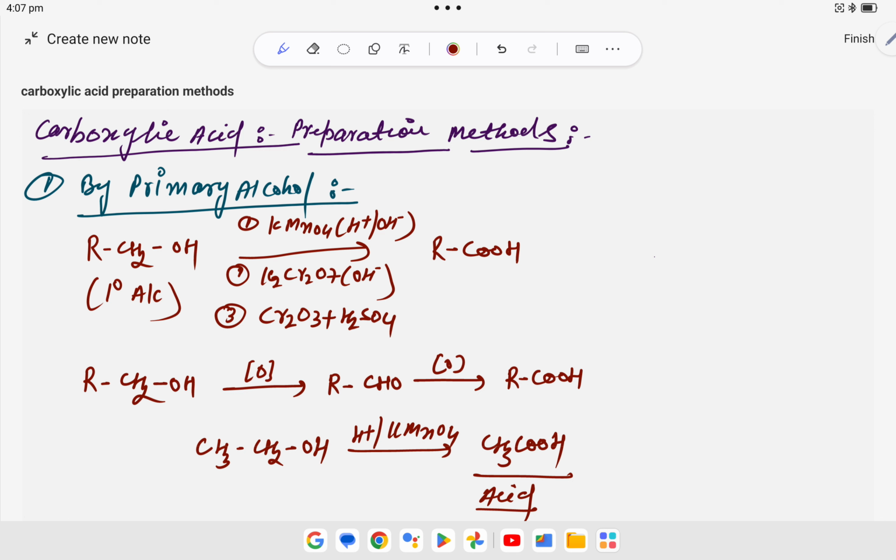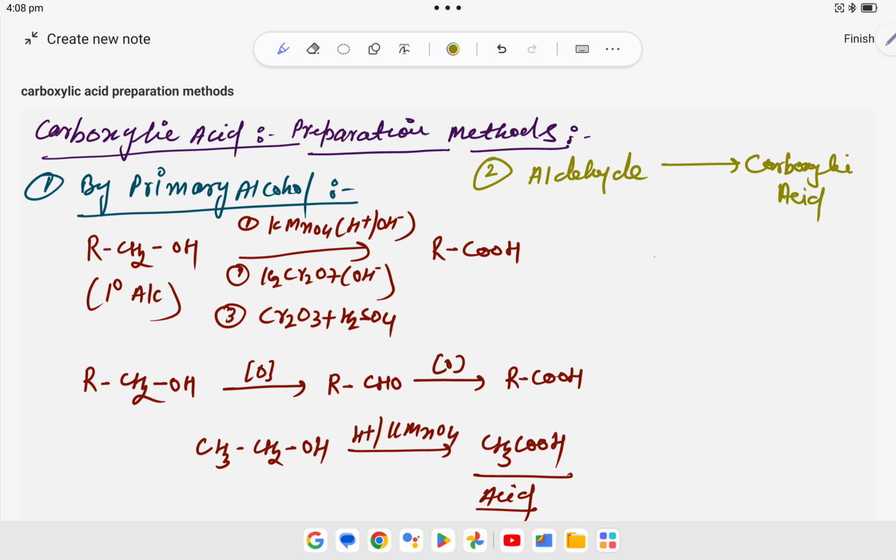At the same time, if you are talking about the second method, you can write here: from aldehyde. Aldehyde is also converted into carboxylic acid. How are they converted?